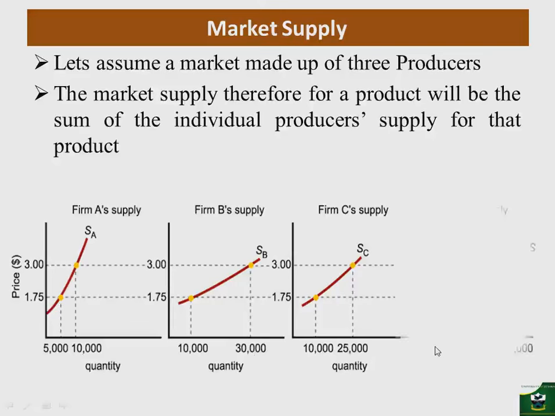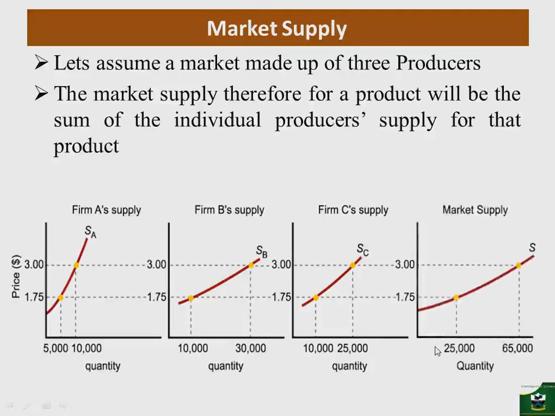And so, graphically, it means that our market supply will look like that, and it will be more elastic compared to the individual supply curves. However, we will turn to the subject of elasticity in our next unit.